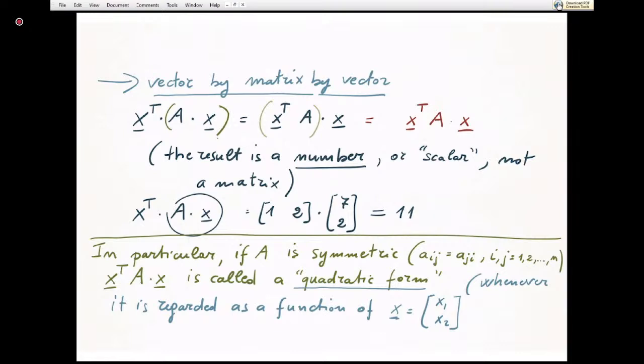So we find very often this notation X transpose times A times X, where A is a square matrix, and X is a vector, could be a vector of numbers or a vector of variables.